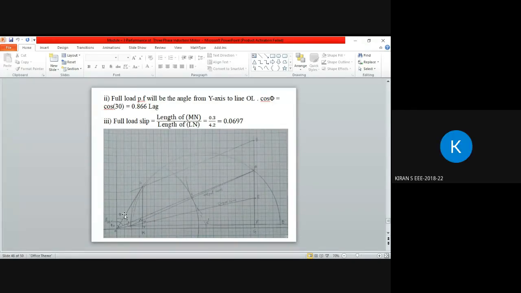So 31. Okay, fine. So what will be the power factor? It will not go more than 0.9, sir, 0.87 or 0.88. I'm getting 0.86, so you'll be getting approximately 0.87 or 0.85.